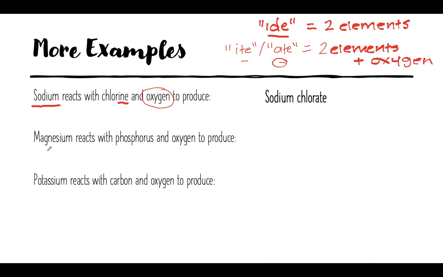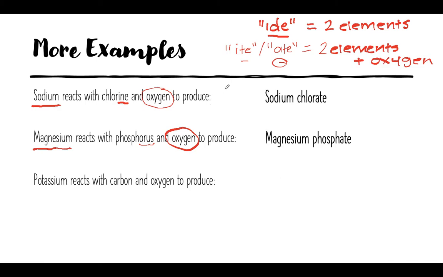Our second example, magnesium reacts with phosphorus and oxygen. Our metal is magnesium, it's a group 2 metal. It is reacting with phosphorus and oxygen. So we are going to be changing the ending of our non-metal phosphorus, and we have to change it to ITE or ATE because we have oxygen present. It is magnesium phosphate.